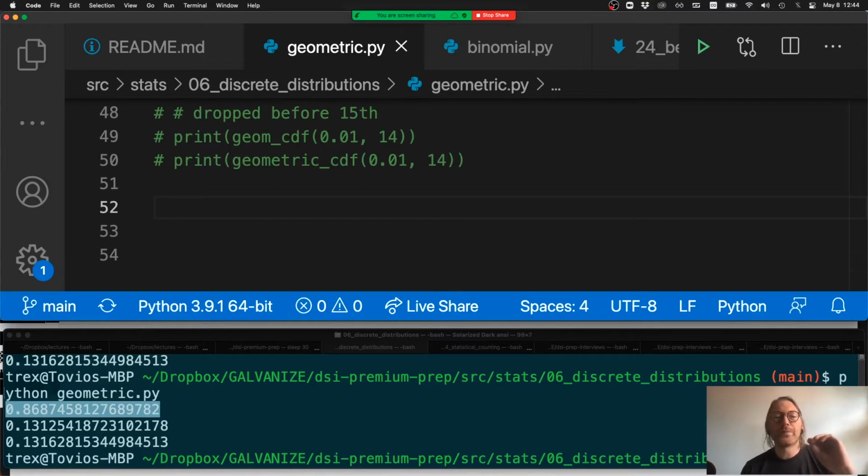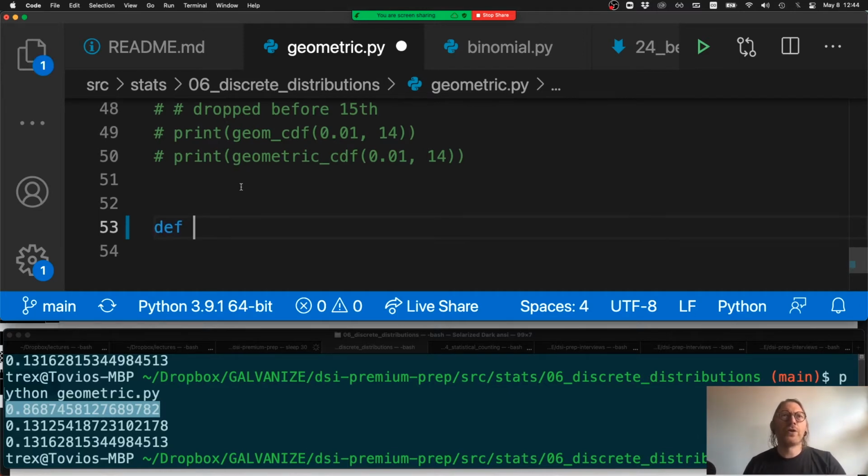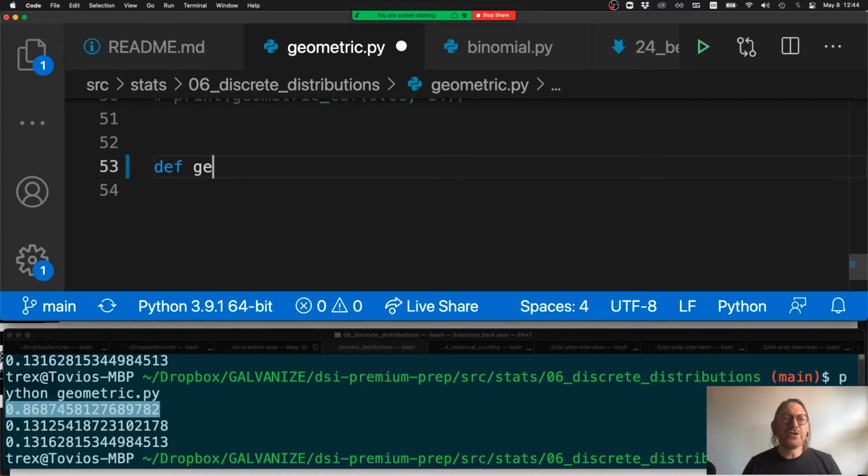Okay, so in the tradition of coding PMF dictionaries, which we've been doing a lot of, I've got a breakout here. And I'll give you 5 minutes on this. So I'll give you a little bit of starter code. This is going to be the Geometric Pmf dictionary. Okay, we've got a probability of success.